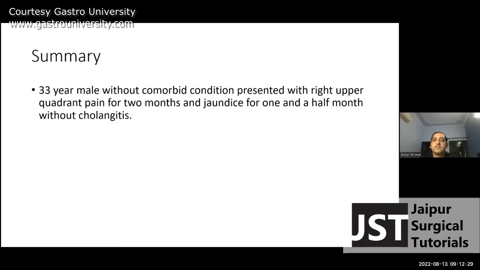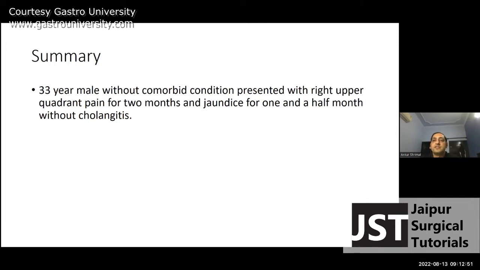Third, you said hydatid. Now, hydatid is a possibility, but clinically you would not diagnose hydatid unless a lump is palpable. So again, suppose this patient did not have jaundice, he just presented with right upper quadrant pain for 2 months. Would you make a diagnosis of hydatid? You would not. No, sir.